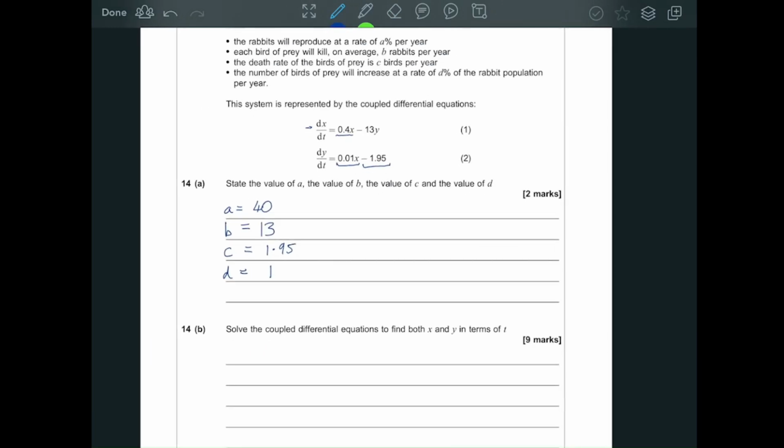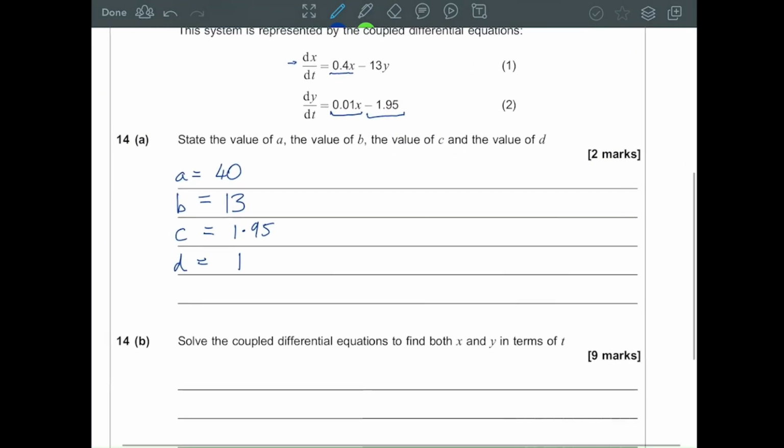Solve the differential equations. And we want to turn these two differential equations into a single second order differential equation. So I'm going to start with equation 1 and differentiate it. So I'm going to get x, the second derivative. Yeah, I will use the dot notation. x double dot equals 0.4x dot minus 13y dot.